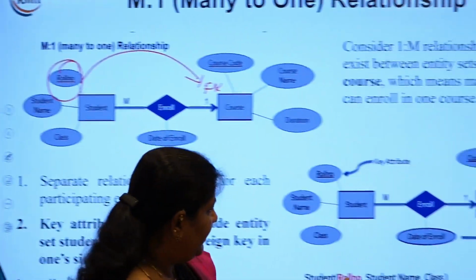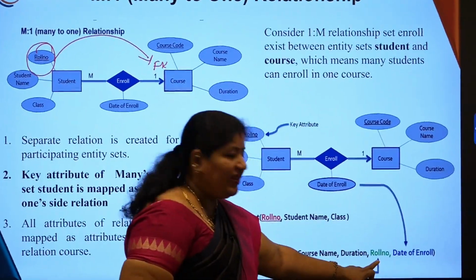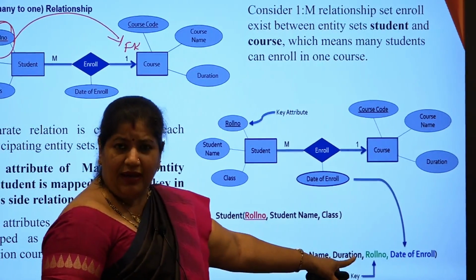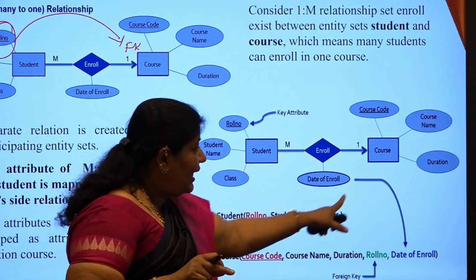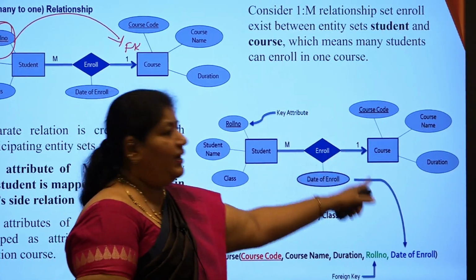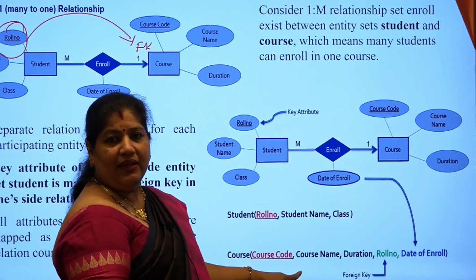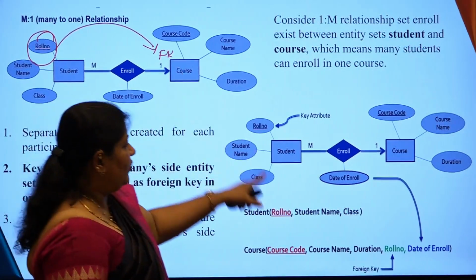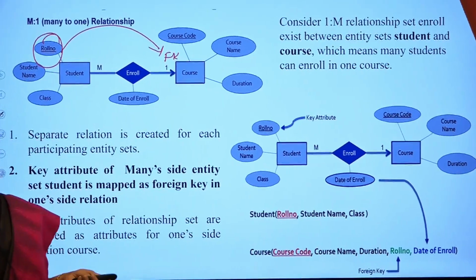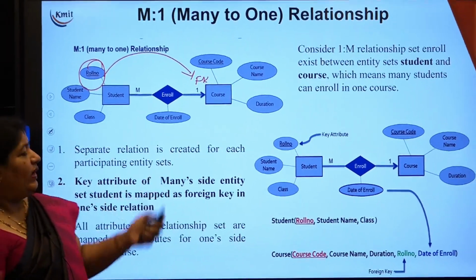Look at this. Roll number goes as the foreign key into the course table, and the other attributes of the relationship set will always get into the one side entity. Here the one side is course, that is why date of enroll will get into the one side. So, this is many to one.